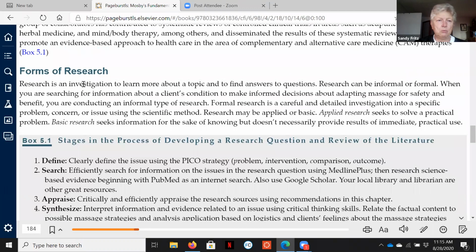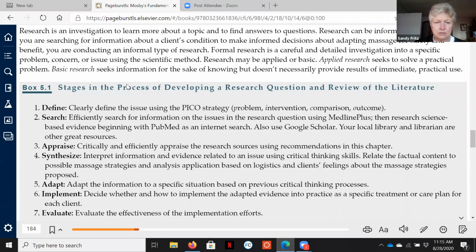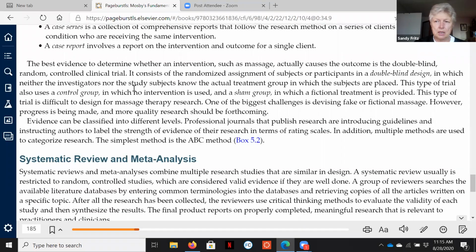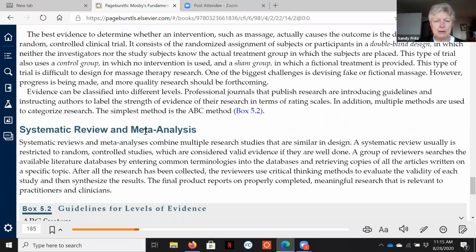There are lots of different types of research, so this section is going to define what those types are. Systematic reviews and meta-analyses are our highest form of research. I am scientific-type research.